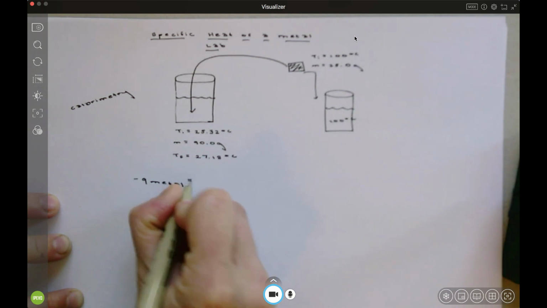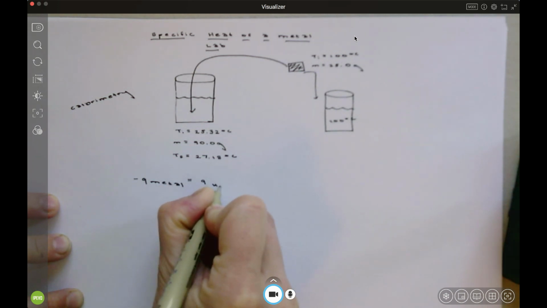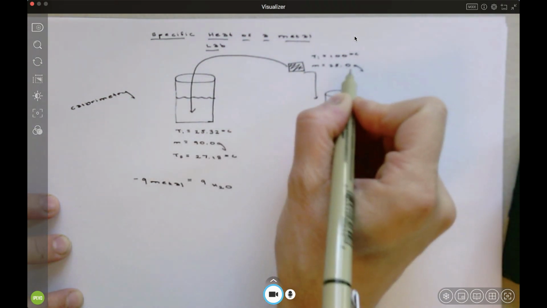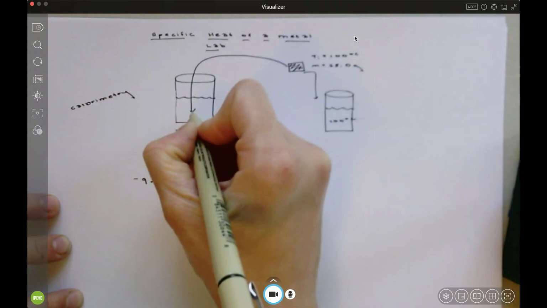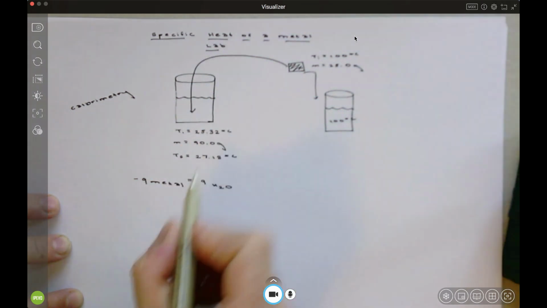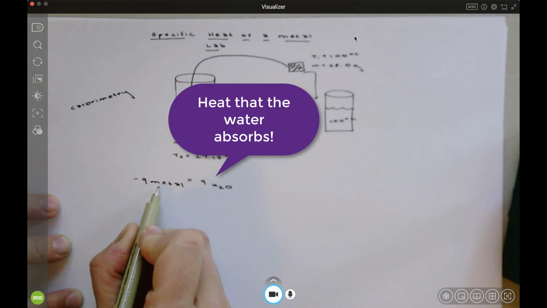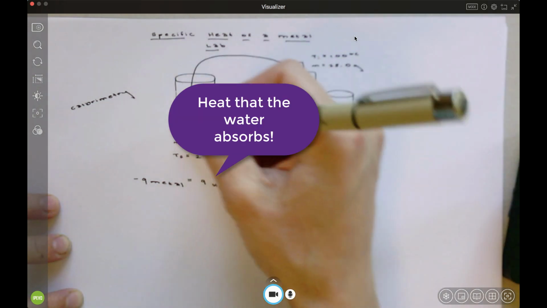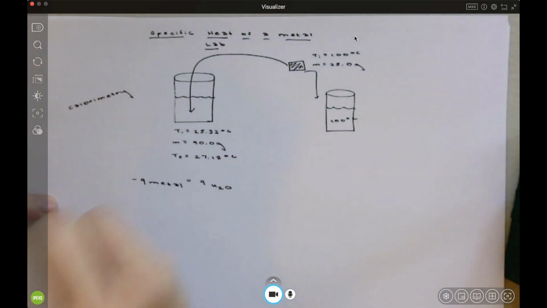That's going to equal the heat that the water absorbs. Okay? So this metal was heated to 100 degrees Celsius. It was put into water, and all of the heat that it released goes to the water, and the water absorbs it. So the heat that the metal releases equals the heat that the water absorbs. We're going to make that assumption. We're in a styrofoam cup. We're going to assume we lost no heat at all.